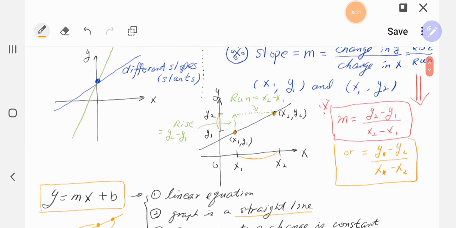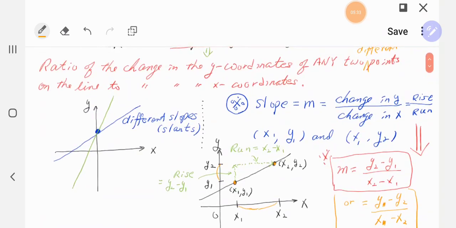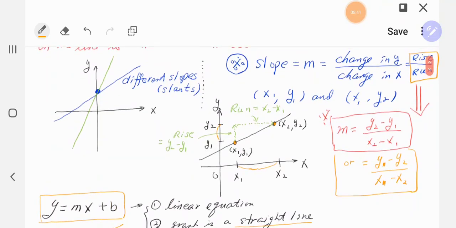So slope is rise over run. I will use rise over run. This is a good definition. When you go rise, rise is going up or down. Rise means going down as well. If you go down, then the value of the vertical distance is negative. If you go up, the sign is positive.